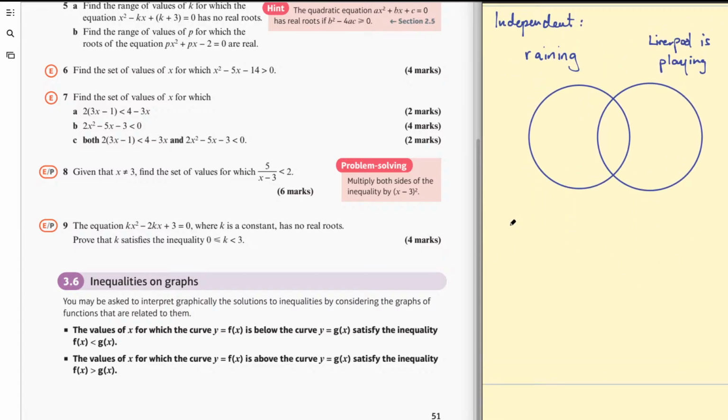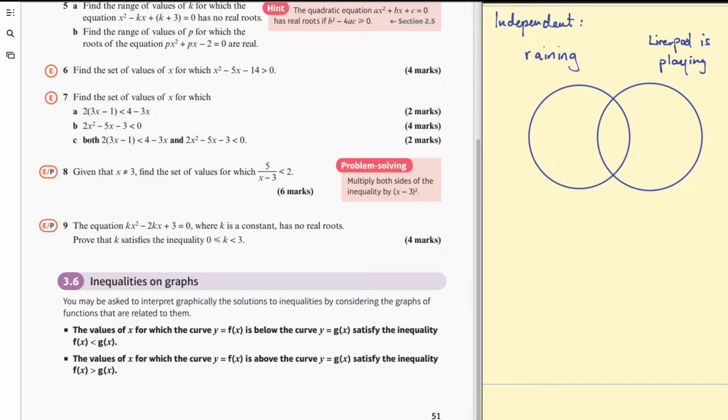Now, you could also have another example. What's going on in the league right now?